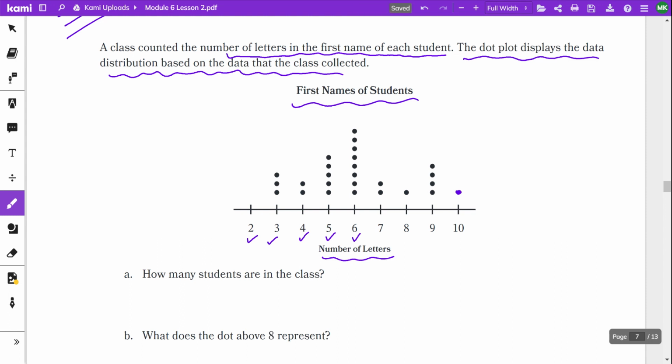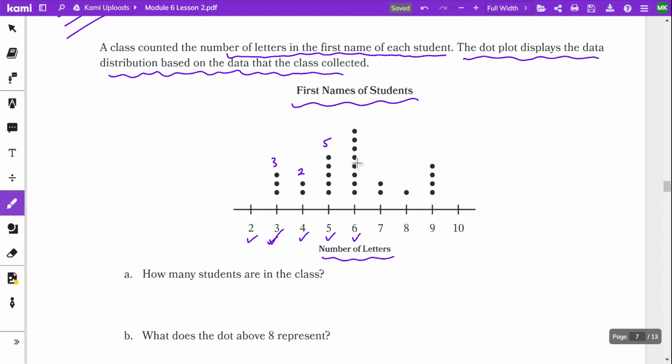Clearly we have three students that have three letters in the first name. Two students with four letters in the first name. We have five dots, so five students have first names with five letters.